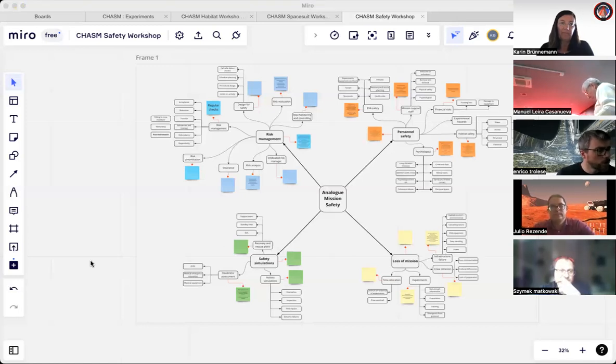Another aspect we looked at from the personal safety side was we added another category amongst all the others: EVA safety, mission, the psychological. We said physiological, and where we went with that was looking at issues for analogue astronauts, and we had a couple of examples, like dehydration.